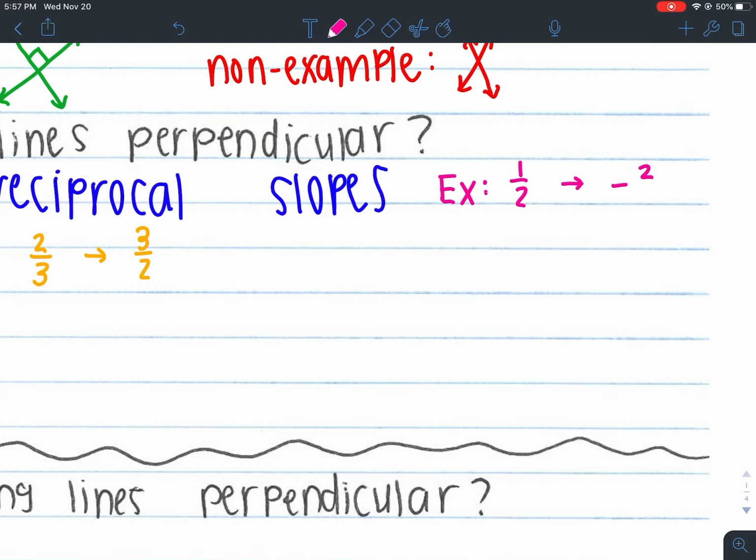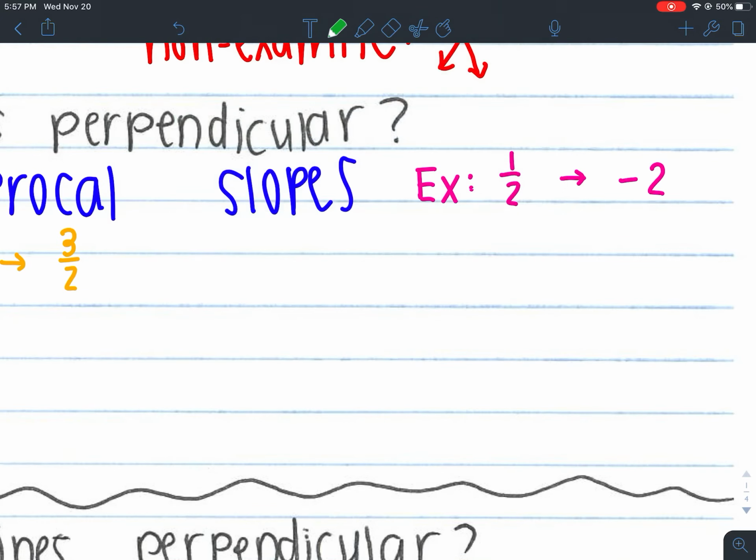But what's 2 over 1 the same thing as? 2. So the opposite reciprocal of 1/2 would be negative 2, and vice versa. The opposite reciprocal of negative 2 is positive 1/2. Another example, let's say negative 4 over 5. Well, this is currently negative, so the opposite would be positive 5 over 4. So you have an opposite sign and you flip the fraction.